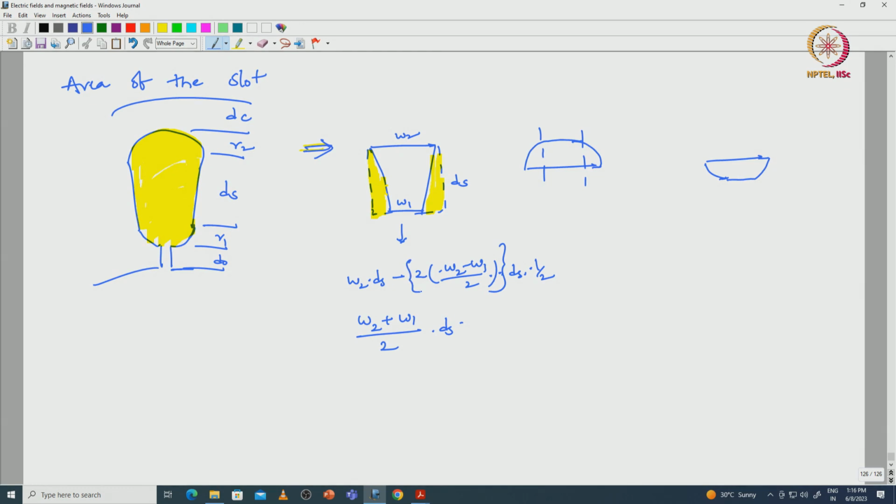Okay. And the second case, here the radius is R2 and here also R2, and this is W2 minus 2R2, this width, whatever the width is there, W2 minus 2R2. Calculate the area of this portion as a rectangle, and this portion again arc.